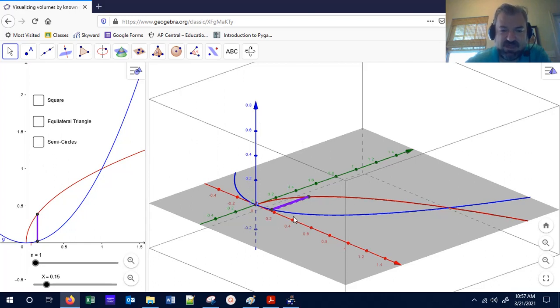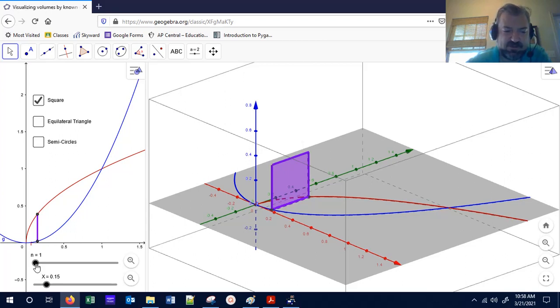And if we say that this little purple line, which is the difference between the y-coordinate on the red curve and the y-coordinate on the blue curve, is actually just one side of a square that comes up out of the plane, we can generate a solid, a 3-dimensional solid.